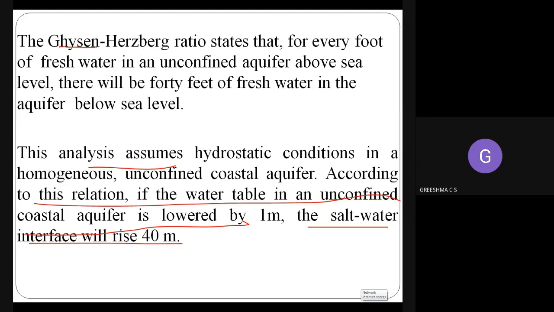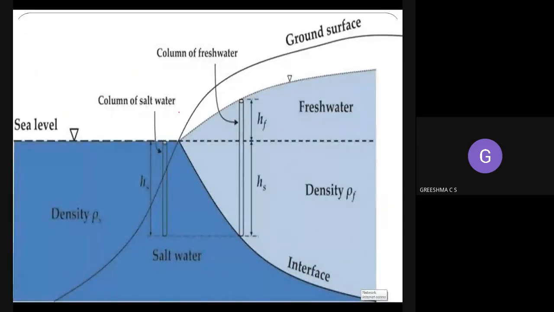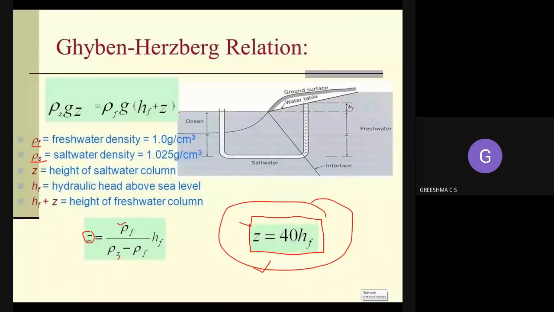The Ghyben-Herzberg ratio states that for every foot of fresh water in an unconfined aquifer above the sea level, there will be 40 feet of fresh water below the sea level. So as 1 meter of water goes down, 40 meters of salt water rises. That is the concept put forward by these two people.